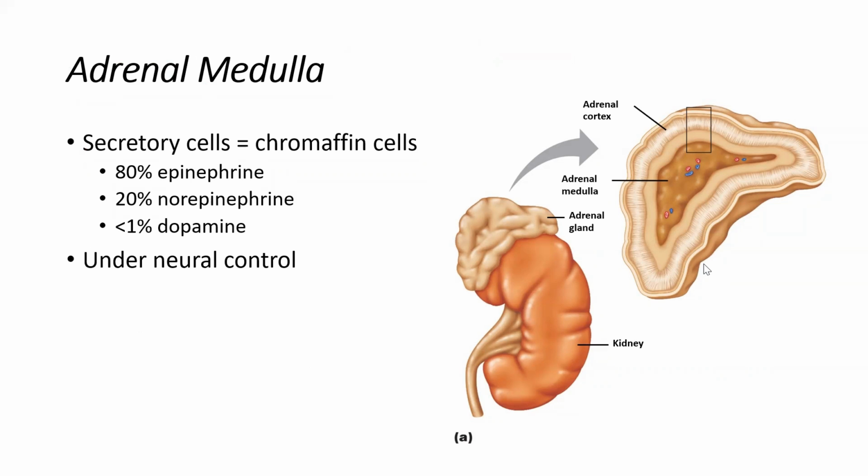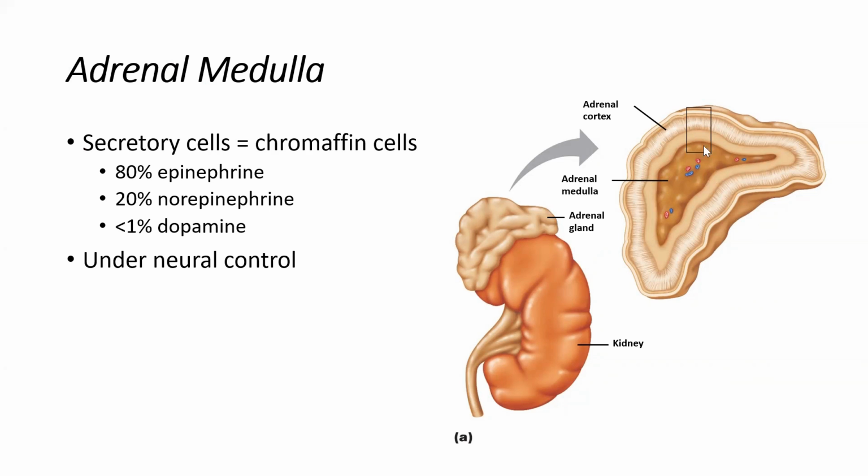Now, within the medulla, we have these secretory cells. We described this earlier, so it's not really a part of the endocrine gland, so to speak. This is more involved in the sympathetic nervous system. This is where we have those chromaffin cells that secrete epinephrine, norepinephrine, and then a very small amount of dopamine. Okay, so this is under neural control.